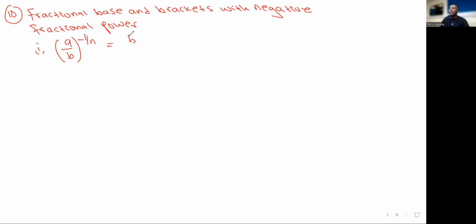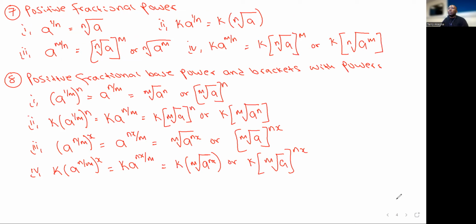So it's going to become b over a. Are you seeing it? So when it's a fraction, you flip it as well. Raised to the power, the minus has gone because you flipped it, so it's just going to become 1 over n. So to remove the negative sign, you flip it, and then you apply the other rule we talked about, where you multiply the power by the value.